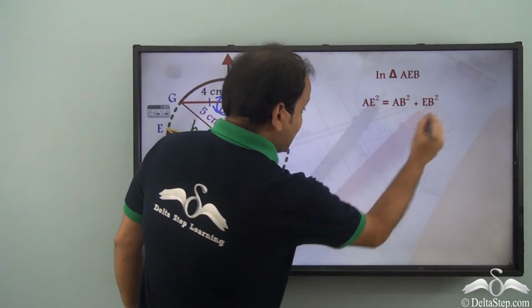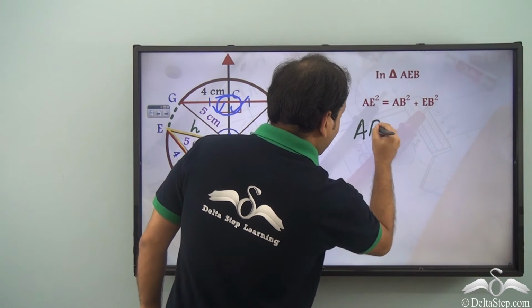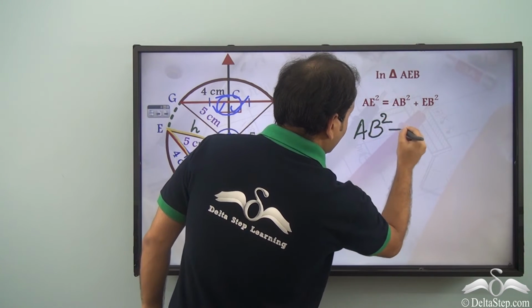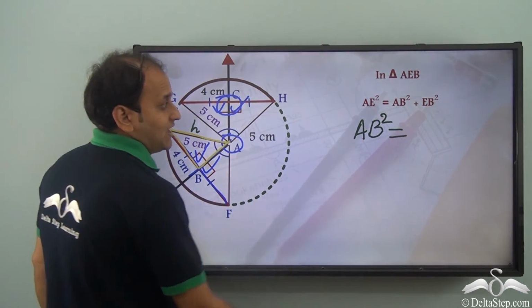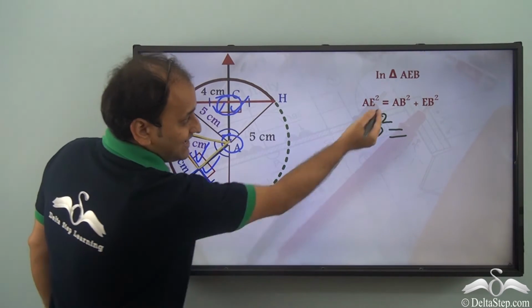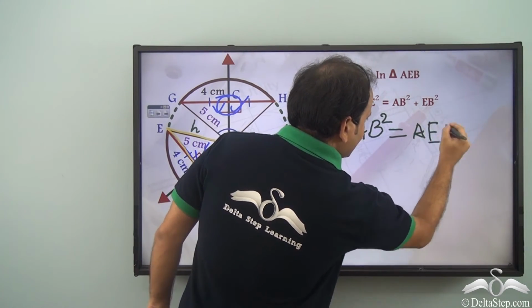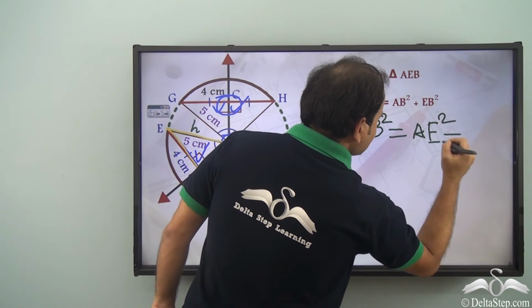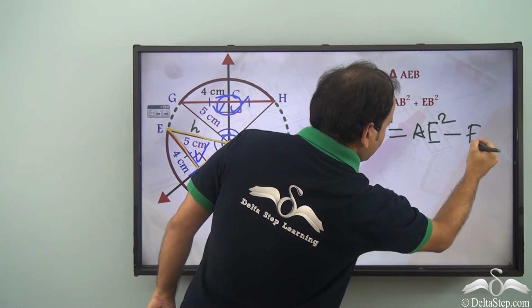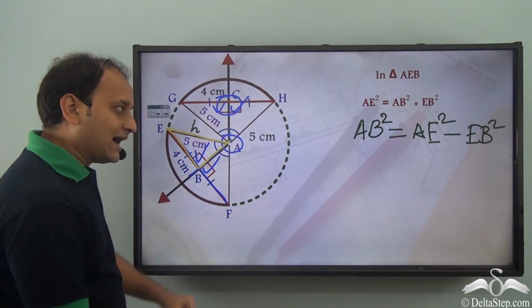So what we do is we bring AB square on one side. It will be equal to AE square. EB square will come here. So minus EB square. So we can say AE square minus EB square.